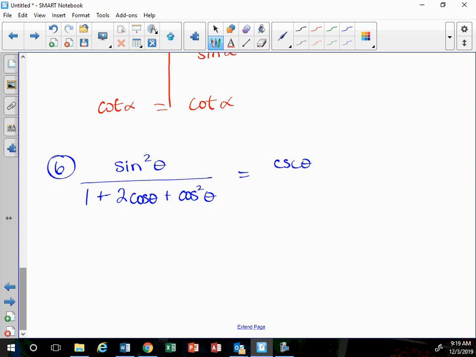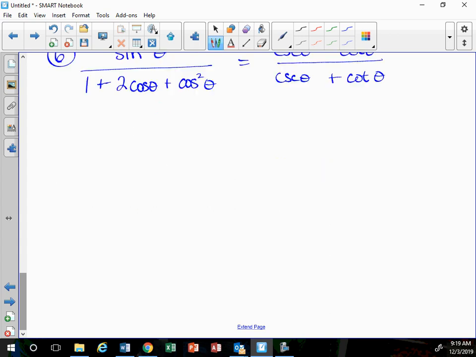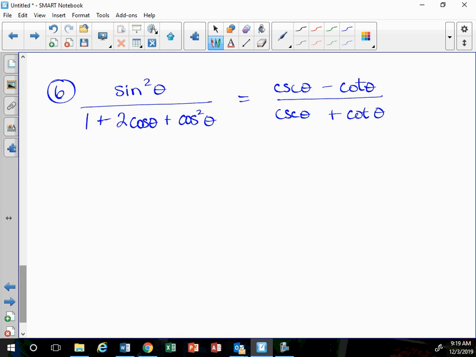All right, cosecant of theta minus cotangent theta over cosecant theta plus tangent theta. All right, guys, there's stuff in this one that you haven't done yet.